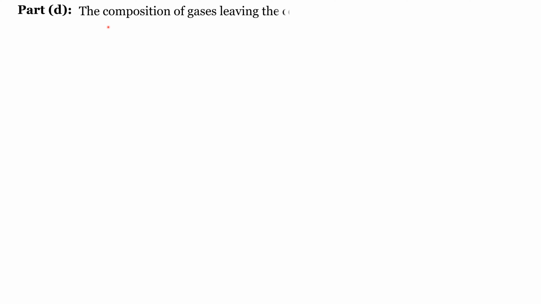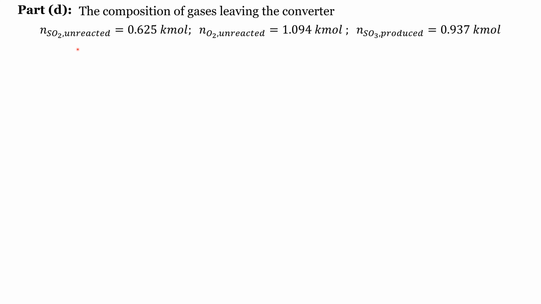Now in part D, we need to find the composition of gases leaving the converter. So first we will write the composition leaving the converter. From the previous slide we can write the amount of SO2 unreacted equal to 0.625 kilomole, and the amounts of O2 unreacted and SO3 produced can be written.